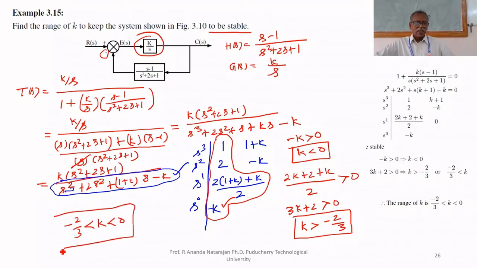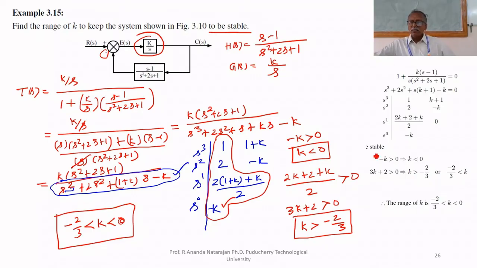The range of k for which the system is stable is -2/3 to 0. If it is in this range, then the system will be stable.